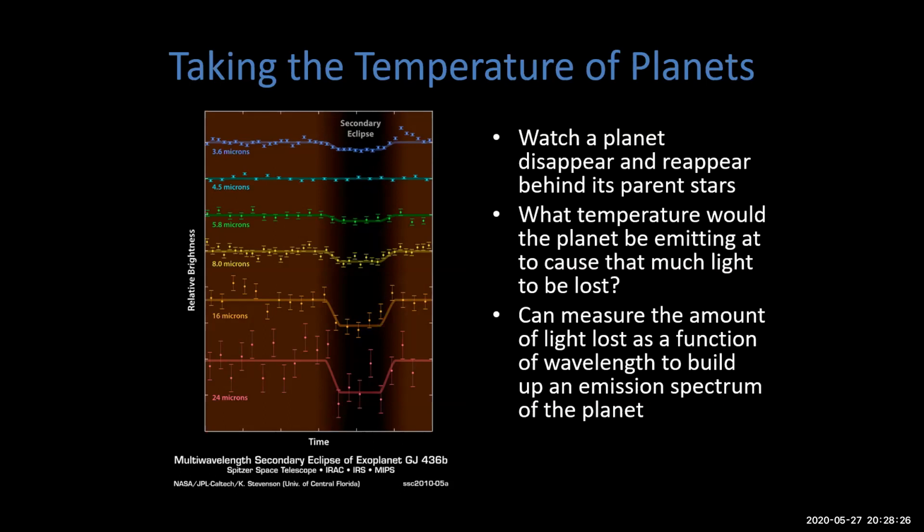We can take the temperatures of planets using that secondary eclipse, seeing how bright that planet is as it passes back around behind the star and then reappears again. You can measure the amount of light, which gives you the bump. And based on that, especially if you can get it at multiple different wavelengths, you can get the temperature of the planet using some more fancy math as well.